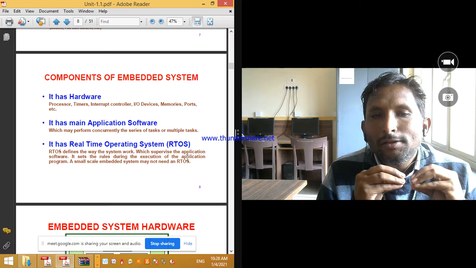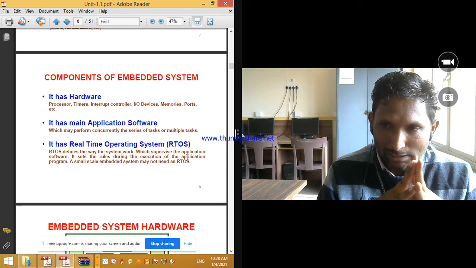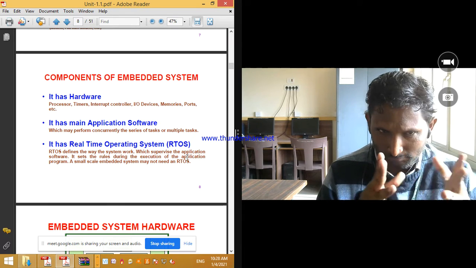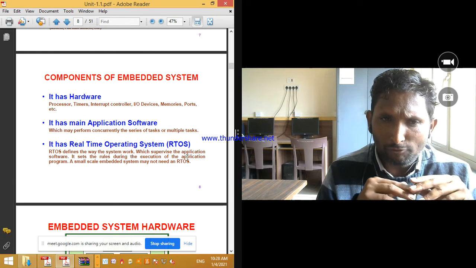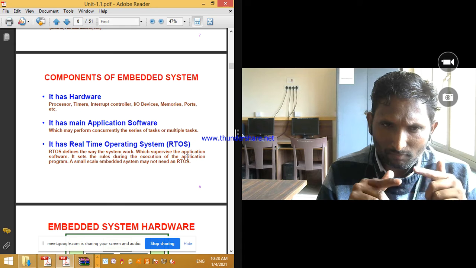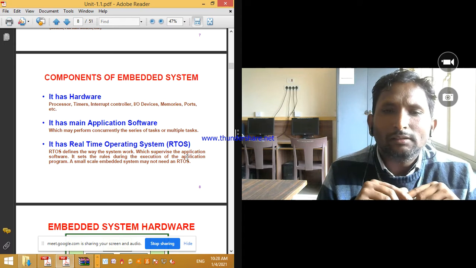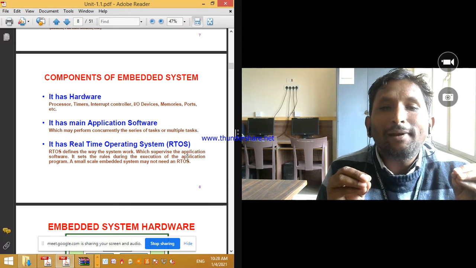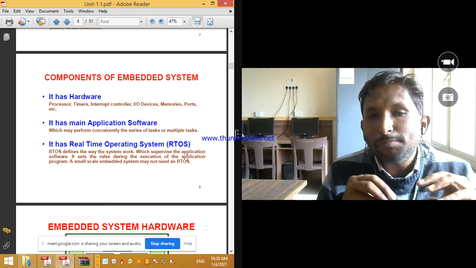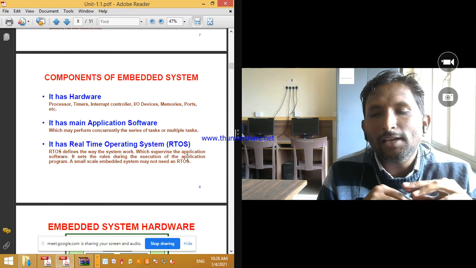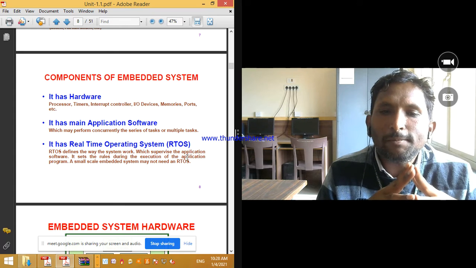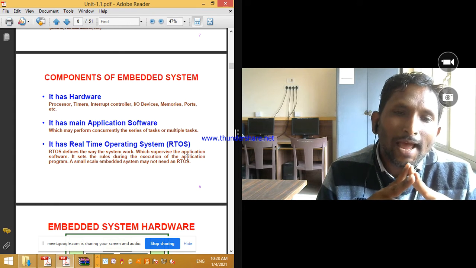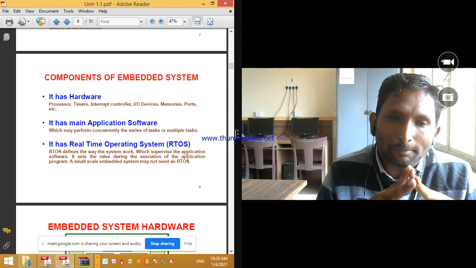Means though our processor or controller is working, some application software is working as the operating system of that specific embedded system, and that application software is one of the components of our embedded system. Next, it has a real-time operating system.